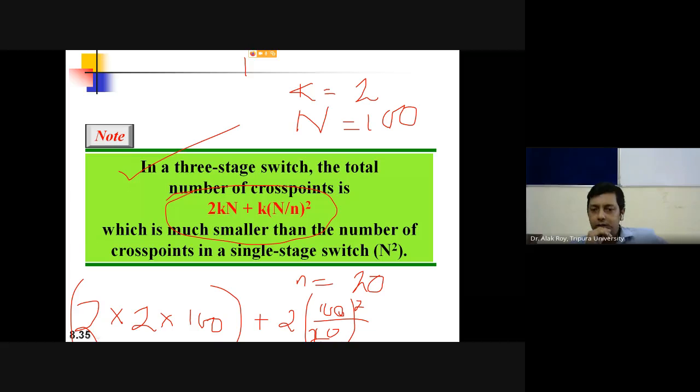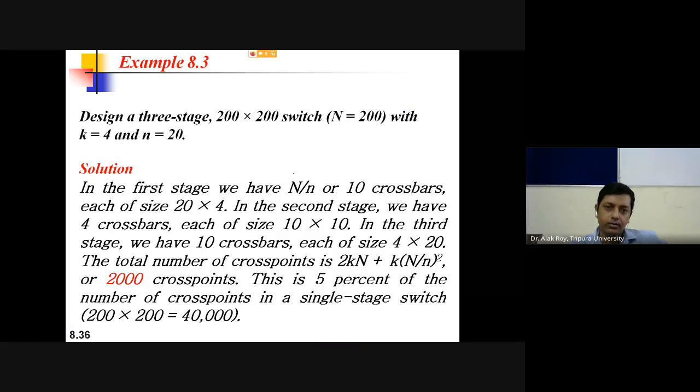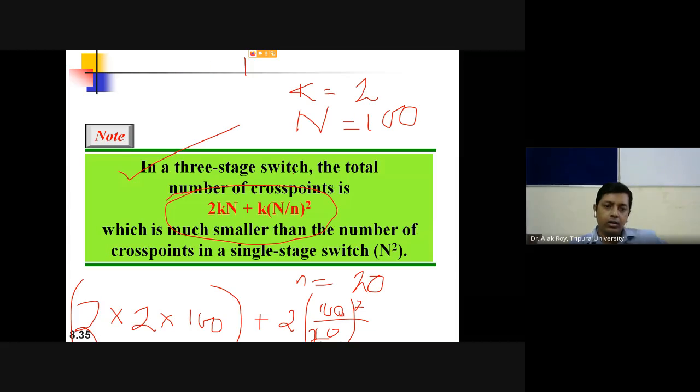Is it clear to you? So you can find here it is 2 cross 2 is 4, here it is 400. Okay, 400 plus 5 into 5, it is 25. 25 into 2, how much? 50. So here the result will be 450.